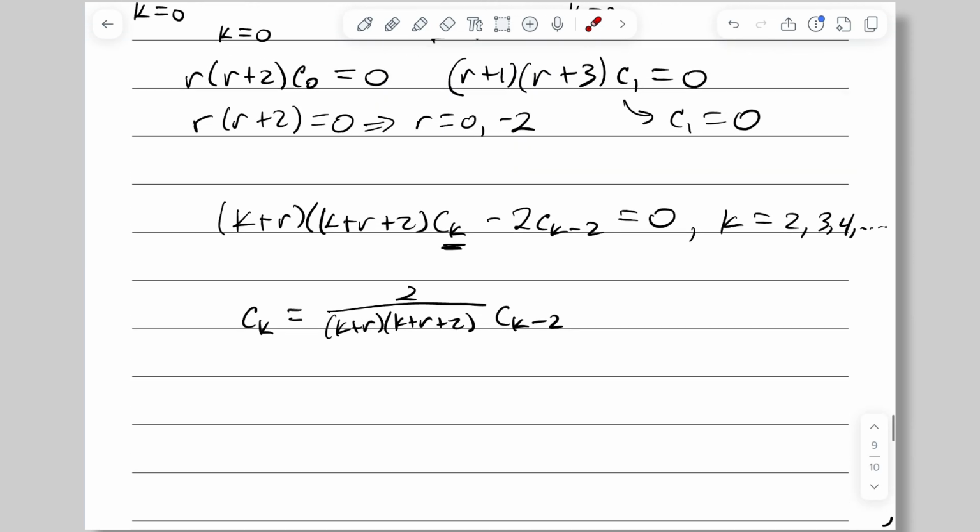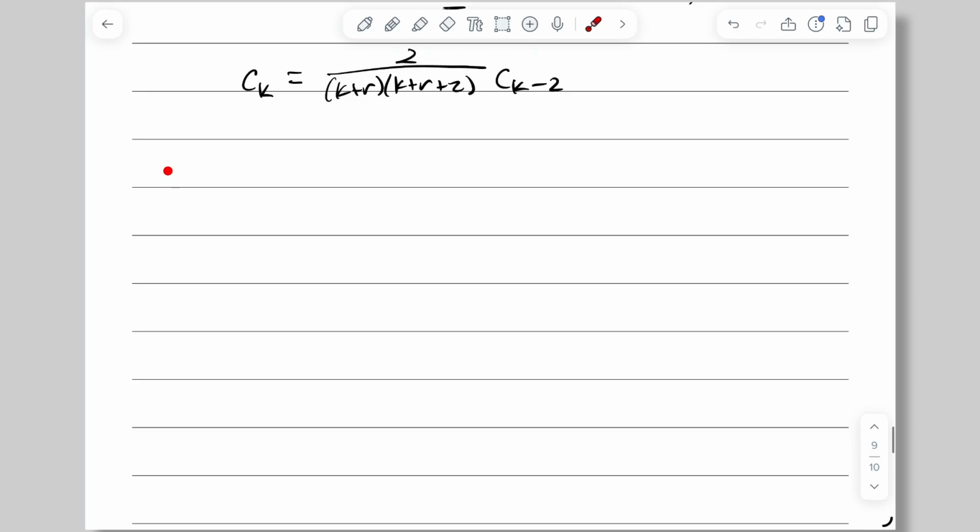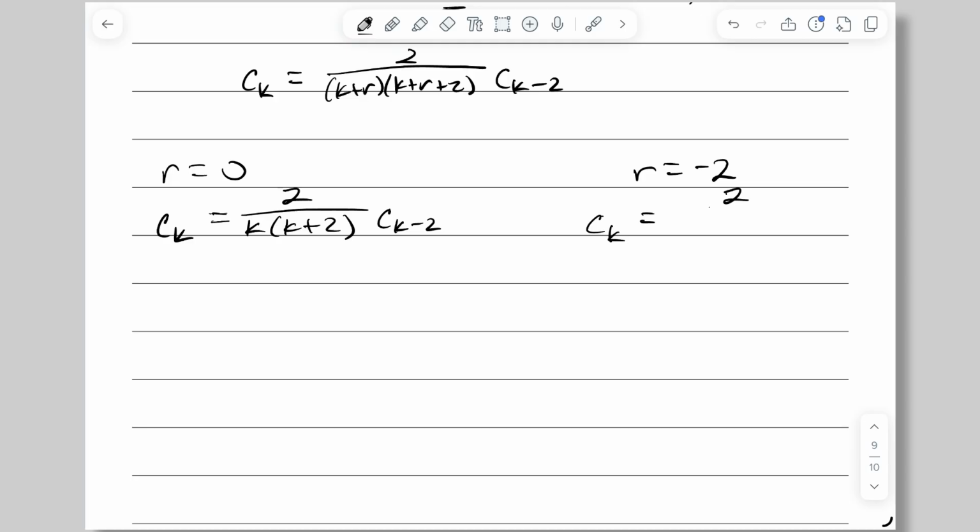Our indicial roots are 0 and negative 2. Using r equals 0, we get that c sub k is equal to 2 over k times k plus 2 c sub k minus 2. Using r equals negative 2, we get c sub k is equal to 2 over k times k minus 2 c sub k minus 2.